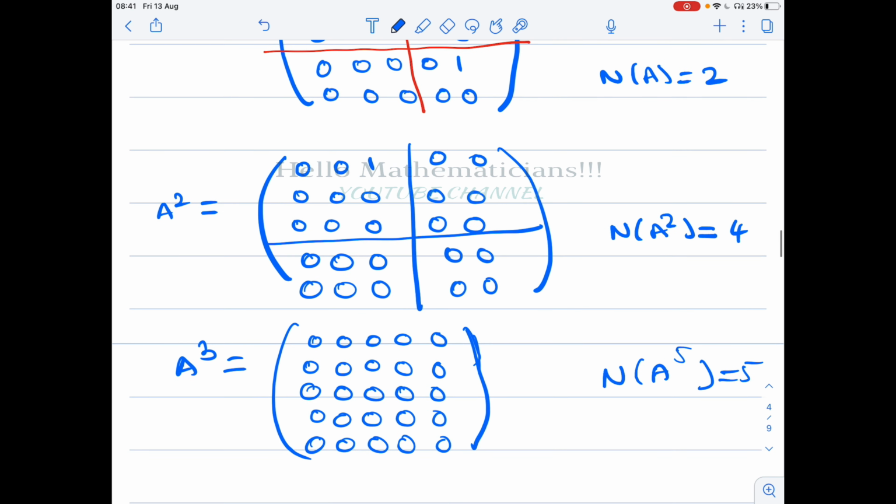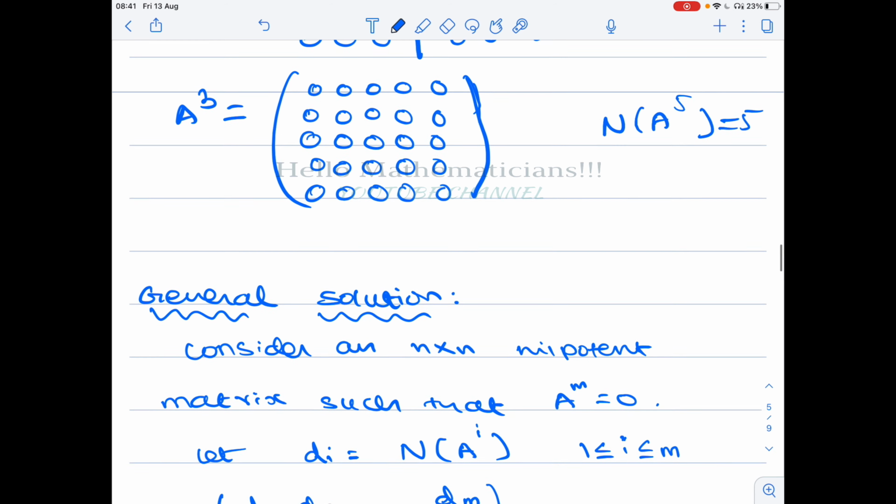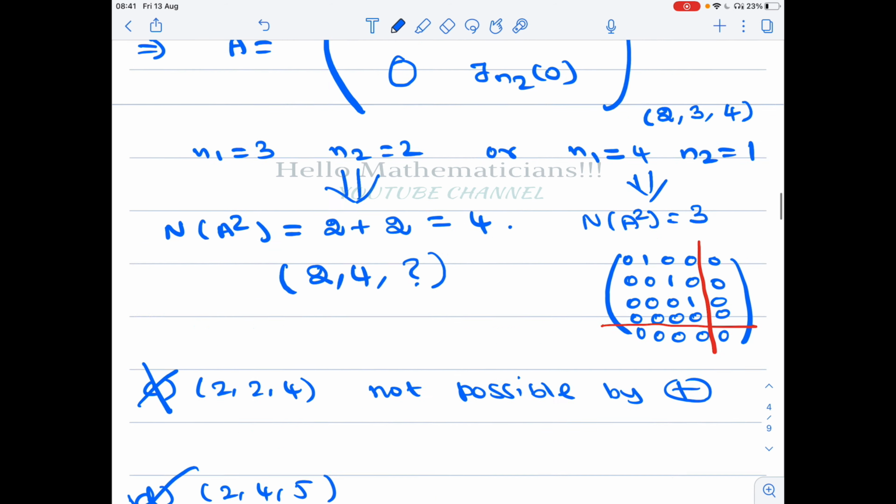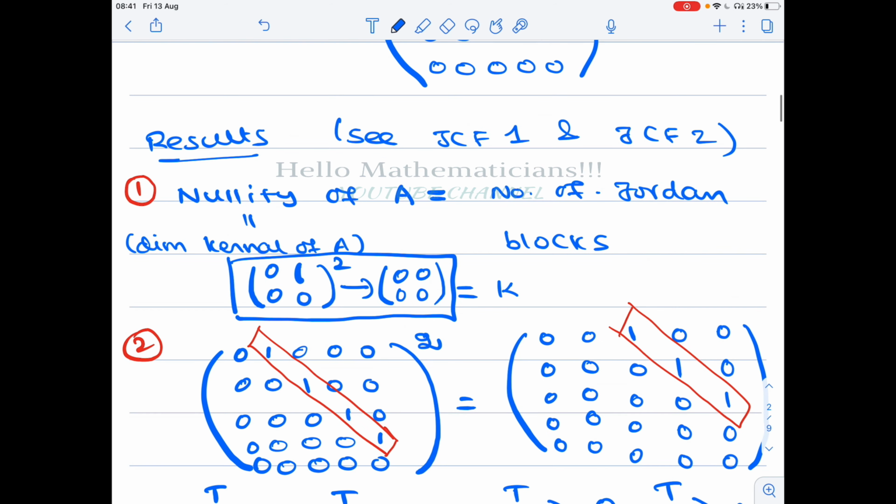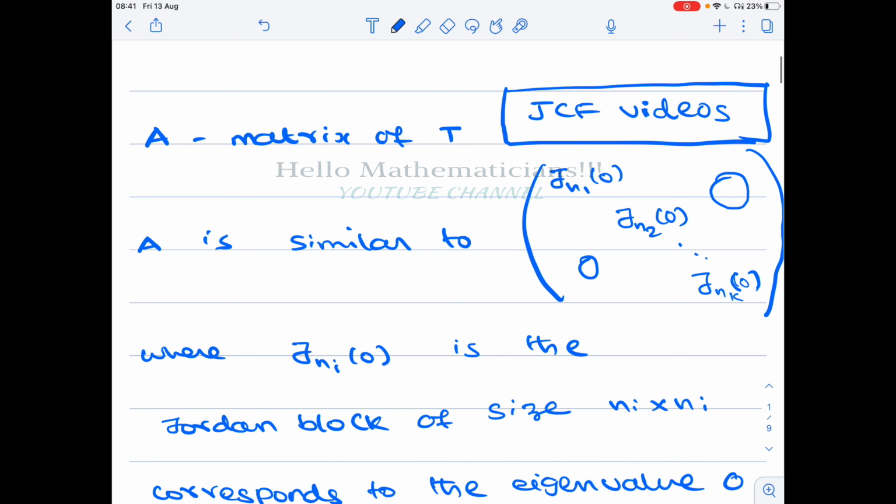Now we'll look at how to solve this problem in general. What we have understood is, if you look at a Jordan matrix, some blocks might have size 1, and those will not give new nullity to the higher powers.